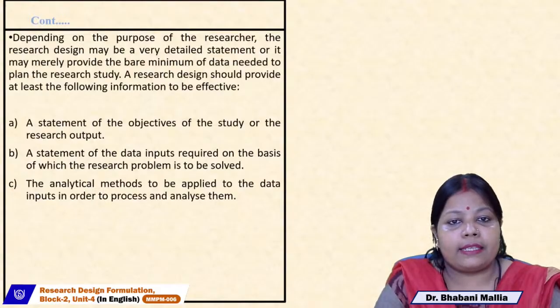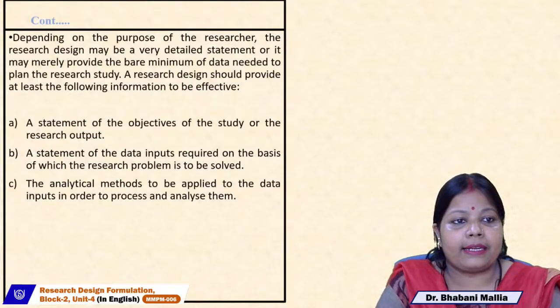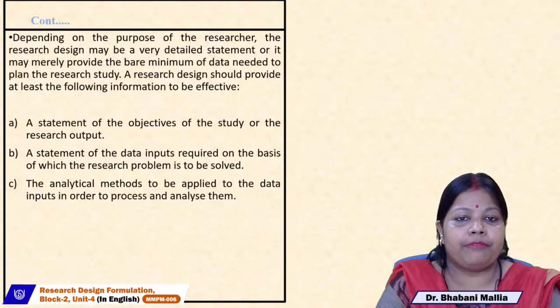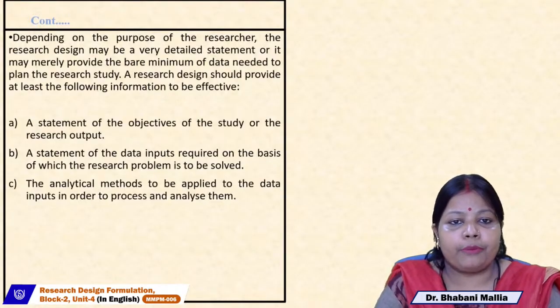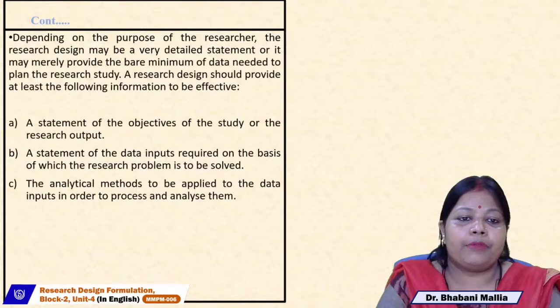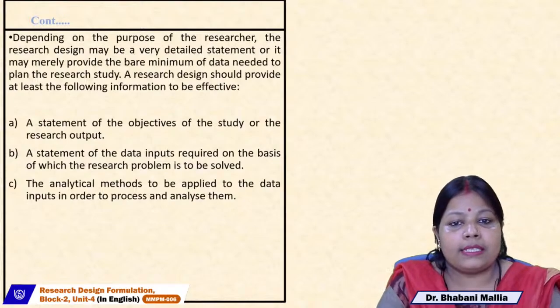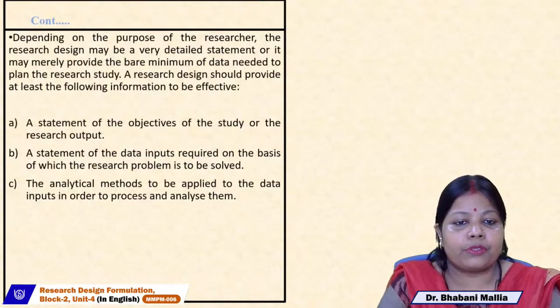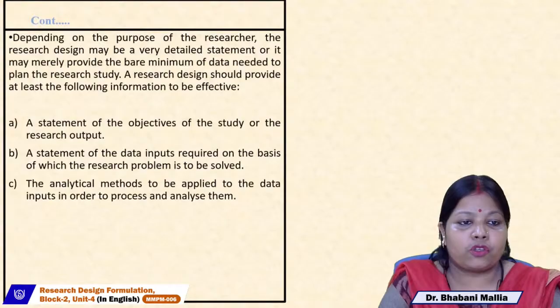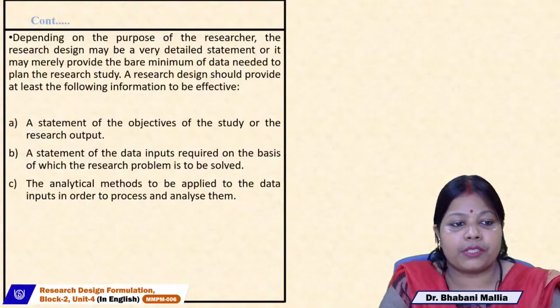A research design should be sufficient to provide at least the following information to be effective. First, a statement of the objectives of the study, or what your research output will be. Second, a statement of the data inputs required, on the basis of which the research problem is to be solved, or the research questions.